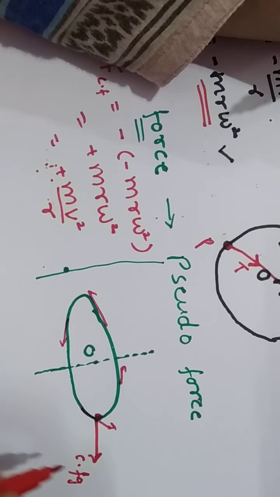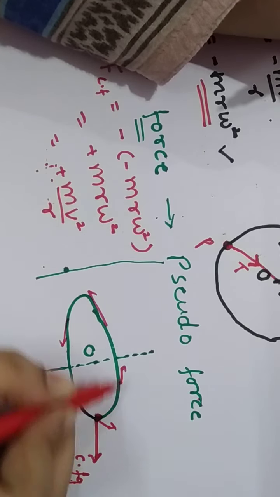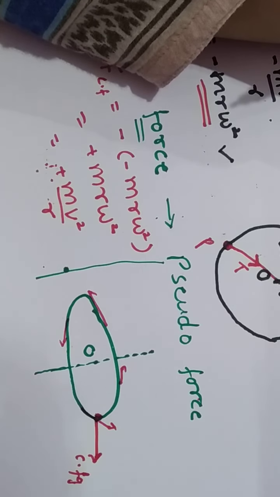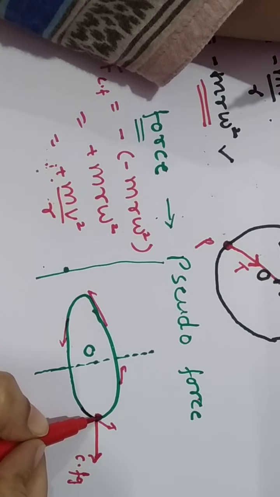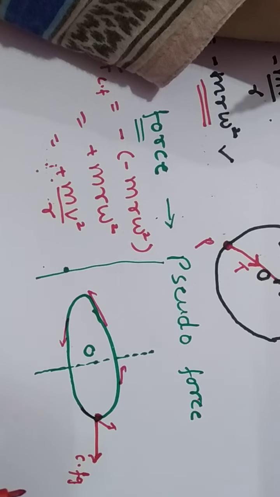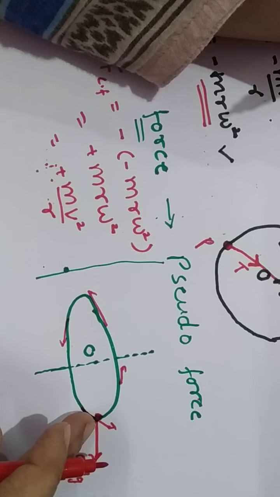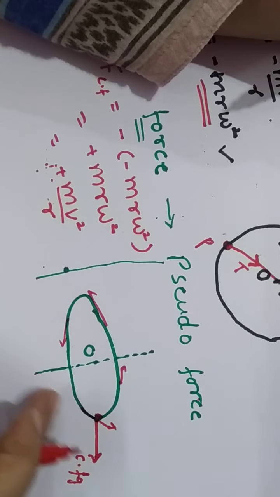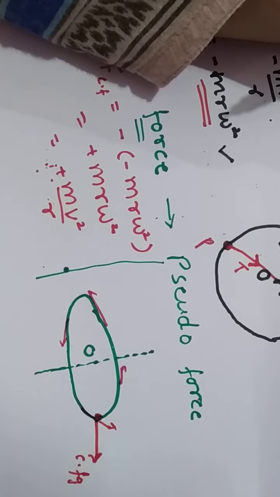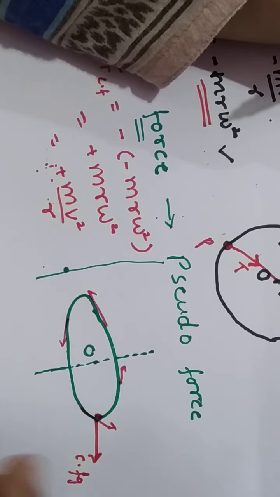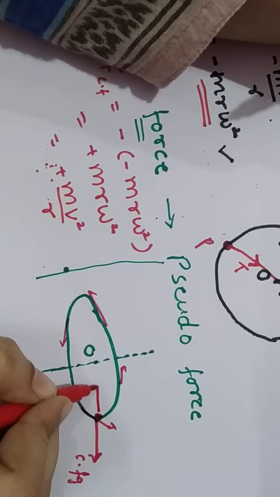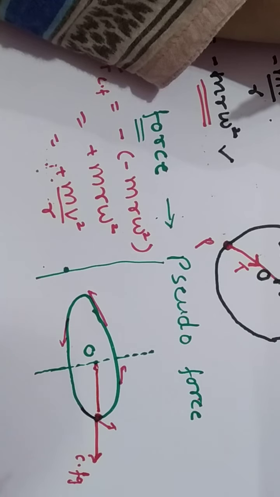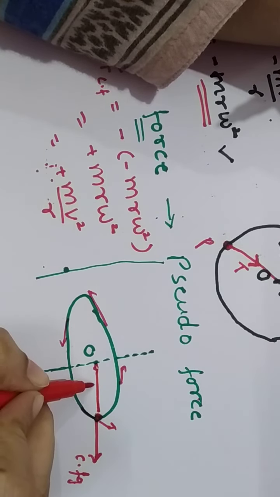Now if you want to maintain your position on this turntable, what will you have to do? Obviously, when you find yourself unbalanced because of the centrifugal force, if you want to maintain your position on the turntable, if you want to maintain the circular motion, you will immediately stretch your hand towards the center to provide the necessary centripetal force.